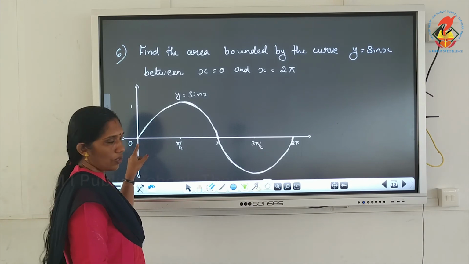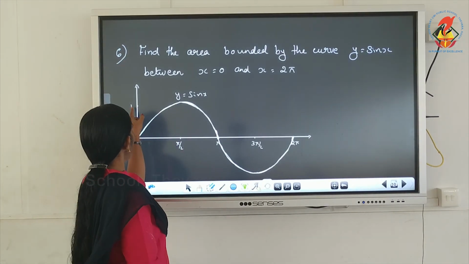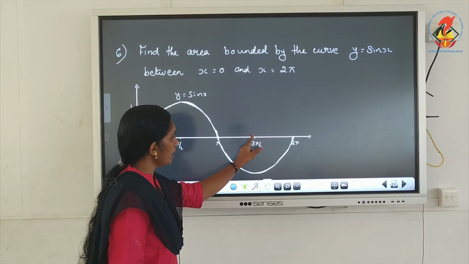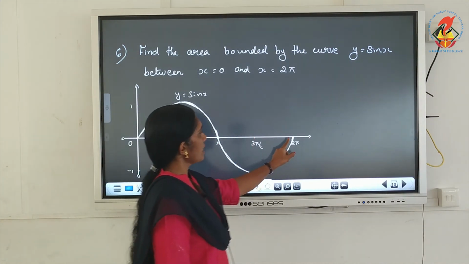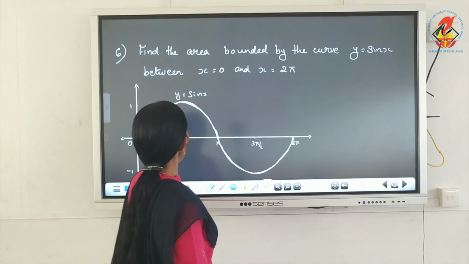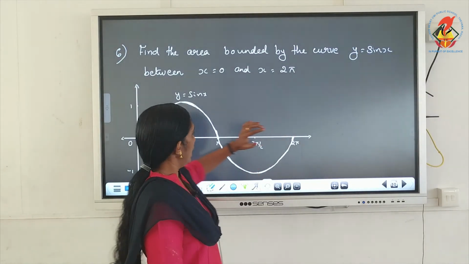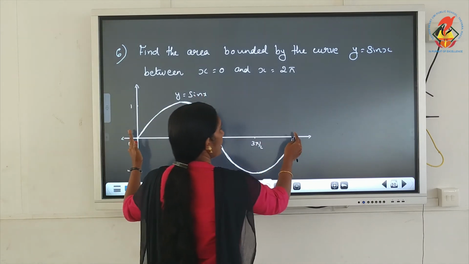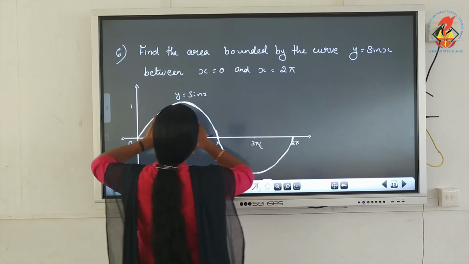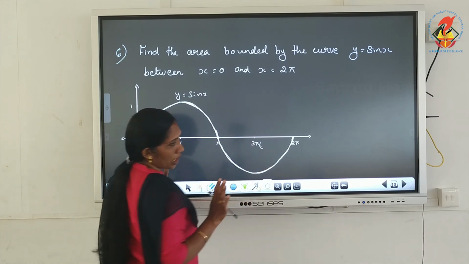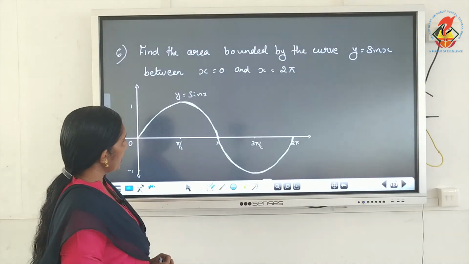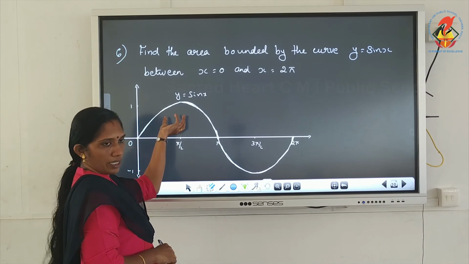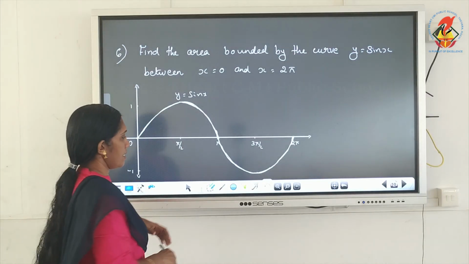Sin 0 is 0, sin pi by 2 is 1, sin pi is 0, sin 3 pi by 2 is minus 1, sin 2 pi is 0. So first you have to draw the curve. Then we have to find the area from 0 to 2 pi. So when we look at this portion and this portion, both are the same. So we can write 2 times area of the region above the x-axis.